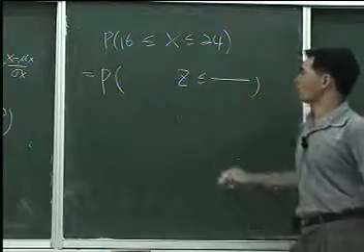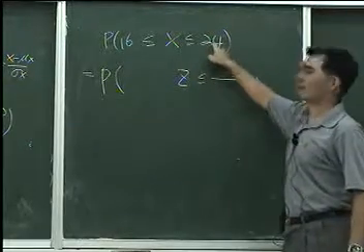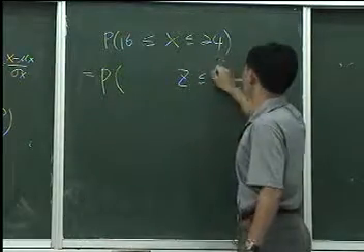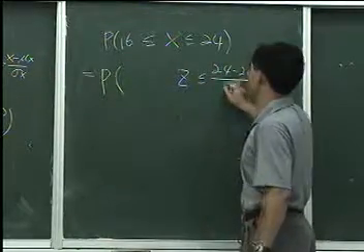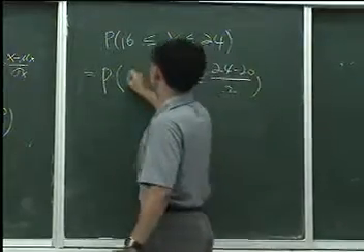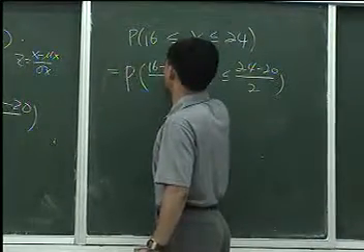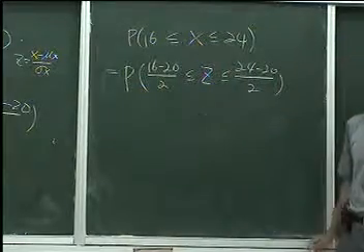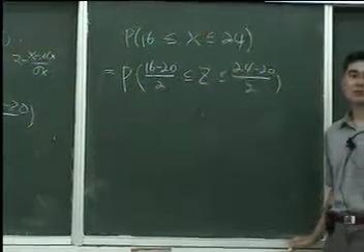The same thing: X is here, plug in. So 24 minus 20 divided by 2, and here 16 minus 20 divided by 2. Any questions so far?